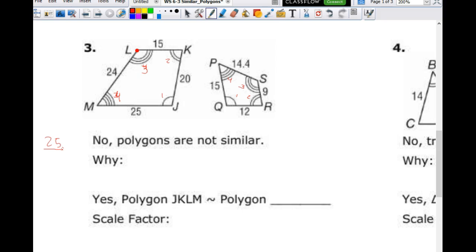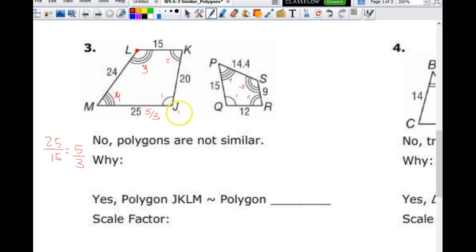It is 15, but let's look at it. This is angles 1 and 4, right? So we need to look at this shape's angles 1 and 4. Do you see what I did? 1, 4, 1, 4. So that's going to be 25 and 15. Both are divisible by 5, so you get 5 over 3. So we think our scale factor is going to be 5 over 3.